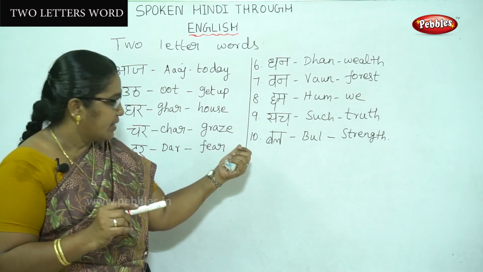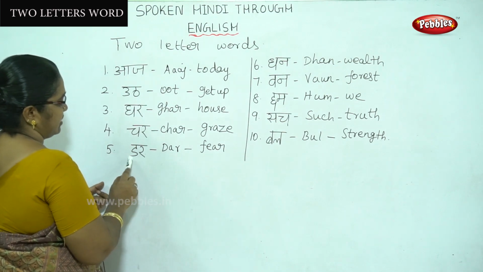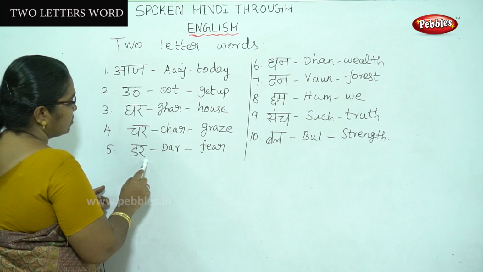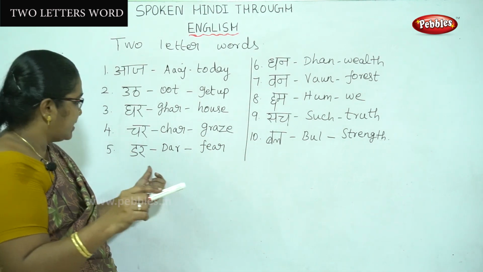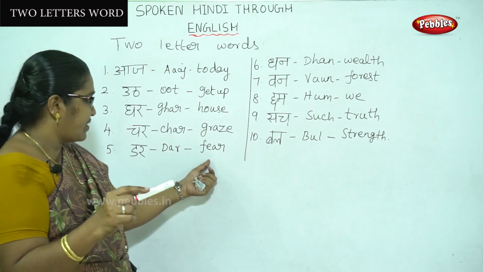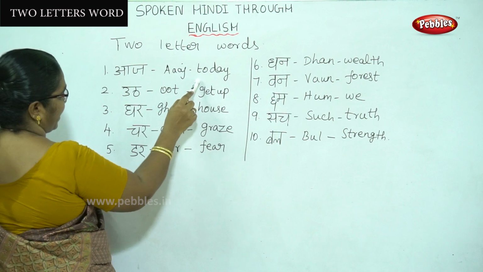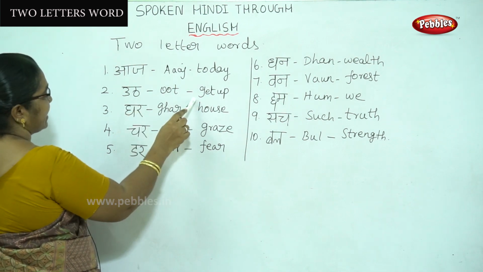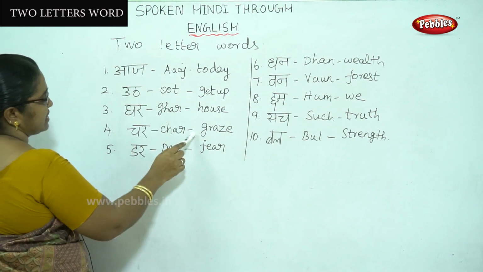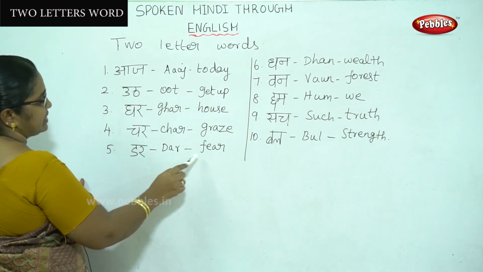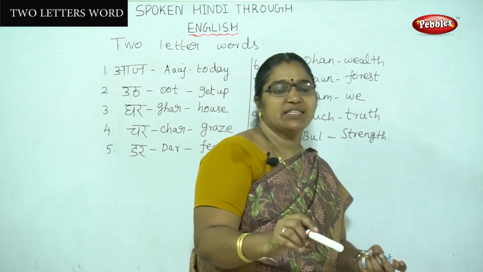Next one is Dara. We have to say it as Dar. Dar means fear. See, Aj means today. Ut means get up. Gar means house. Char means grace. Dar means fear. Okay, all things we have to read like this only.